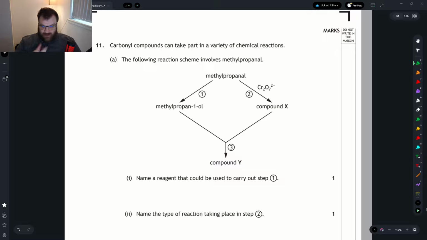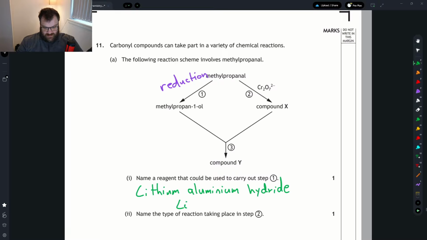Next up, we're asked about carbonyl compounds. Going from an aldehyde to an alcohol is going to be a reduction reaction. And then a reagent that's really good for that is lithium aluminium hydride. LiAlH4 is its formula. What type of reaction is taking place in step 1?